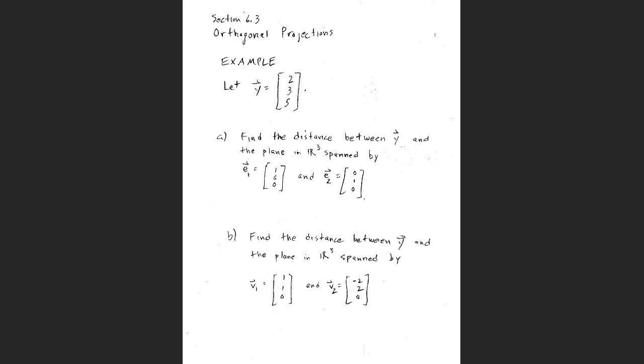We have a vector y, and we want to find the distance in part A. We want to find the distance between this vector y and the plane in R3 spanned by the E1, E2 vectors, also known as I and J vectors. And then in part B, we want to find the distance between the vector y and the plane in R3 spanned by vectors v1 and v2.